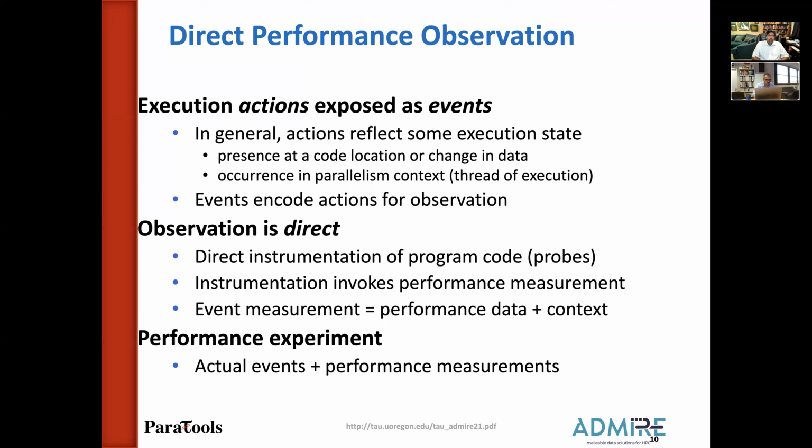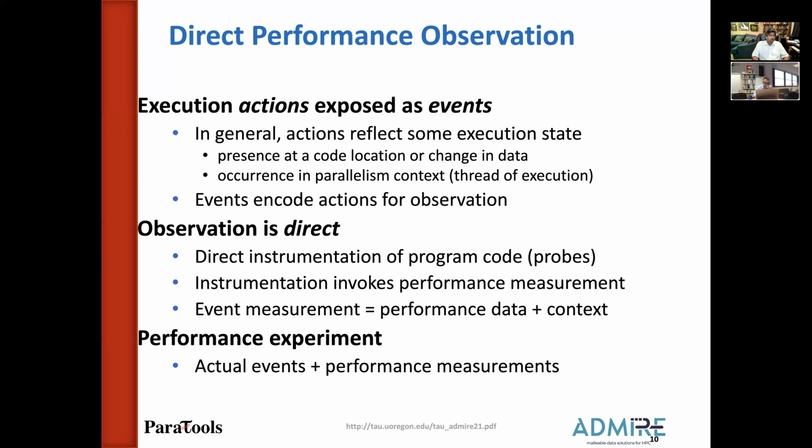And then we encode these actions for observation. And observation is direct if we add those hooks for instrumentation in the code in the form of probes. And these instrumentation hooks then invoke some performance measurement methods. And then we tie in the context of where the program is when those measurements take place.